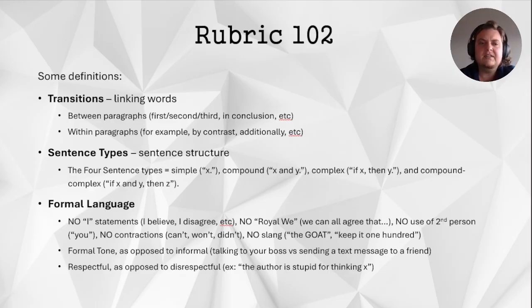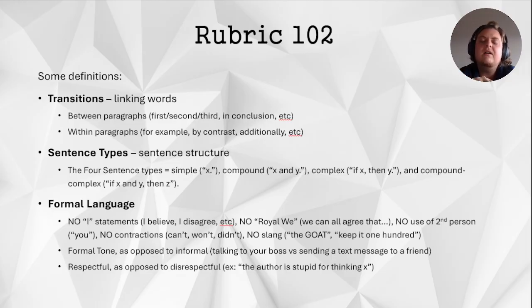And finally, at least under the style column, formal language is another element that we will discuss in further detail in another lecture. But this includes such things as I statements, the royal we, use of the second person, which is you. So all of those are considered not to be formal language, so we're going to avoid those in formal writing. We also are going to try and avoid contractions as well as slang.